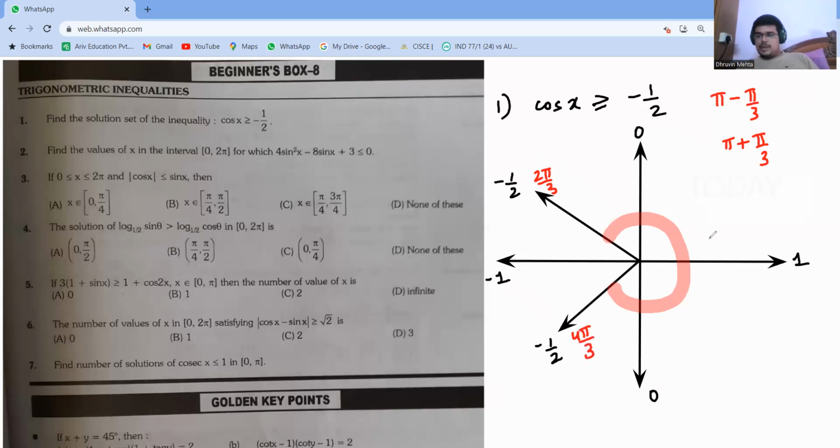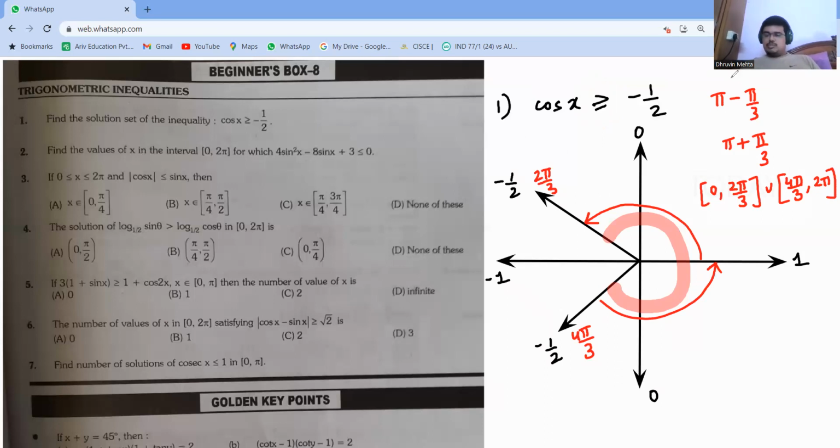So the answer should be from 0 till this point, which is 2 pi by 3, and we will include it because this is included here, union this region, which will be 4 pi by 3 to 2 pi. Check this guys, you should understand this.